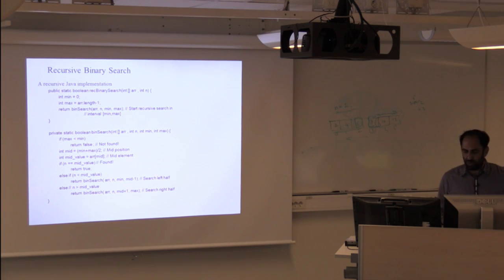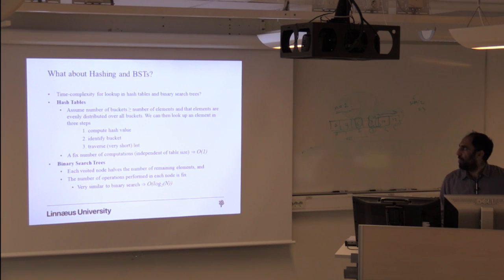Yes, both of you are right. In the hash table, we assume that it comes with a perfect hash function which divides the values evenly among all the buckets. It means that the number of buckets should be at least the number of elements, and the elements are evenly distributed.